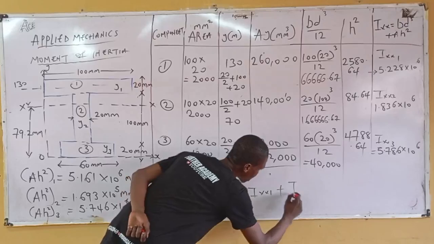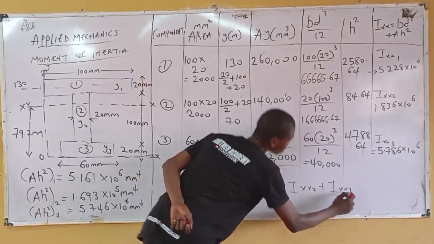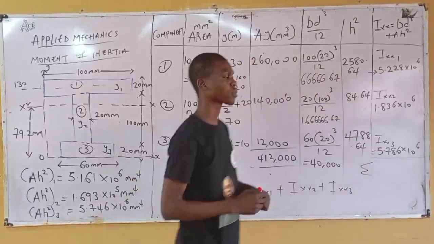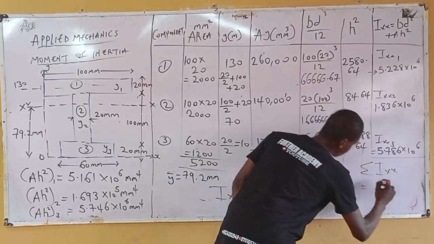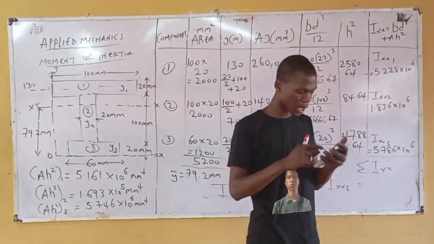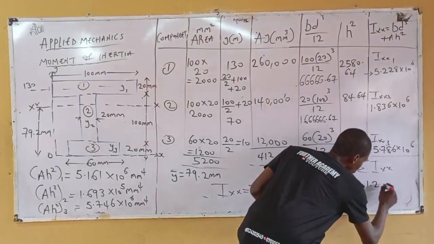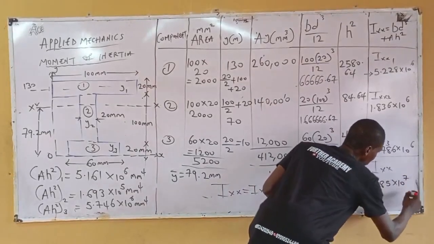IXX1 plus IXX2 plus IXX3. Now solve this guy, the summation. That's our answer. Summation of IXX. What do you get when you sum this up? 1.285 times 10 raised to power 7.